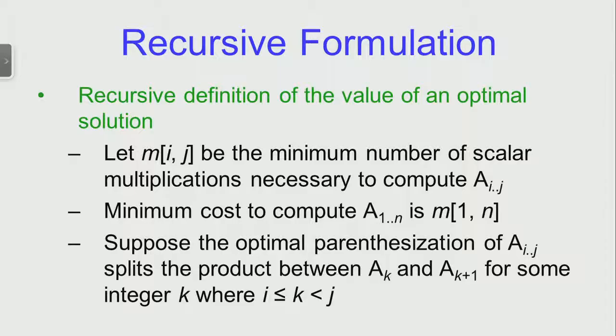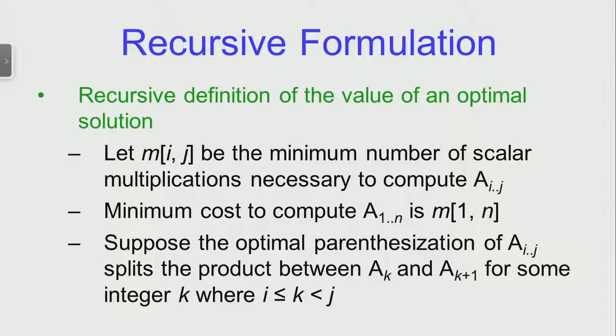So, we use the two dimensional array m[i, j] to denote the minimum number of scalar multiplications necessary to compute Aij.